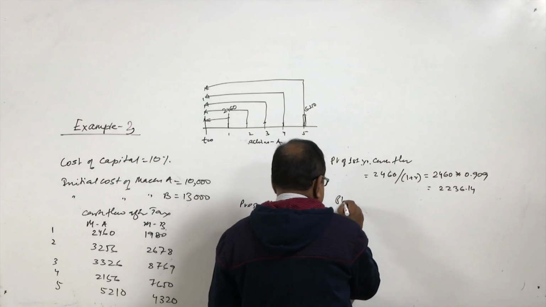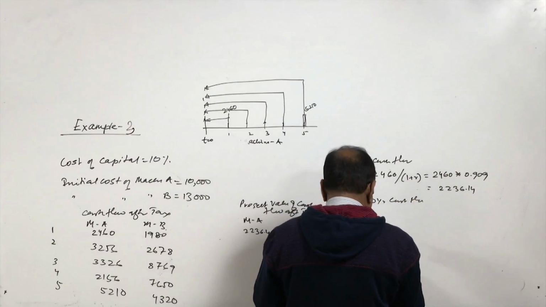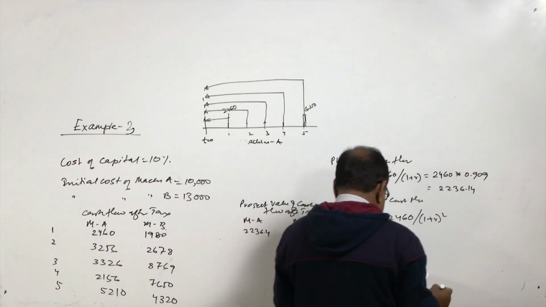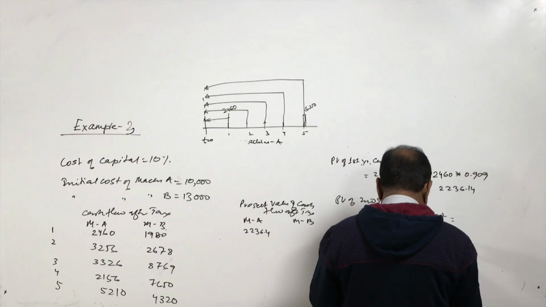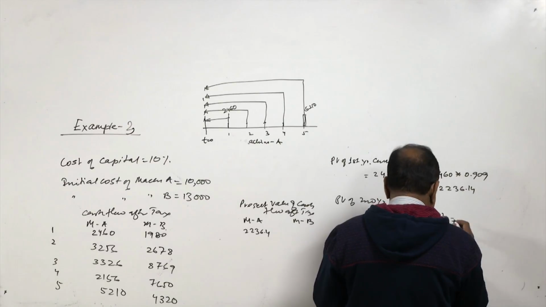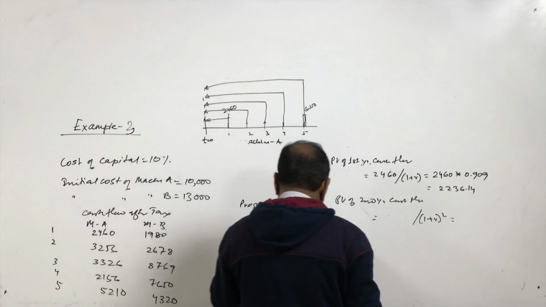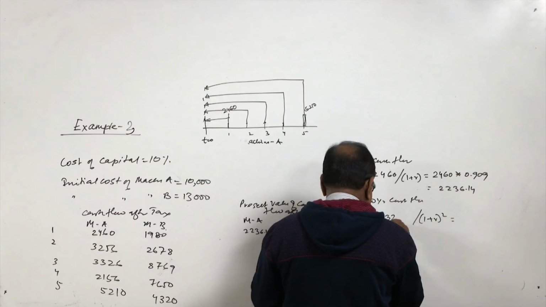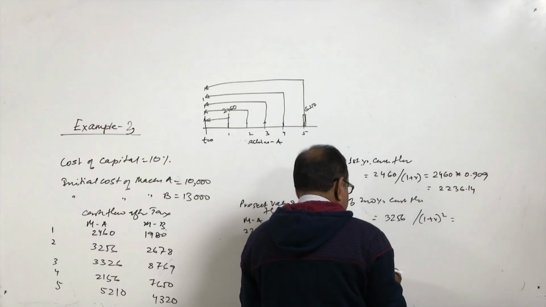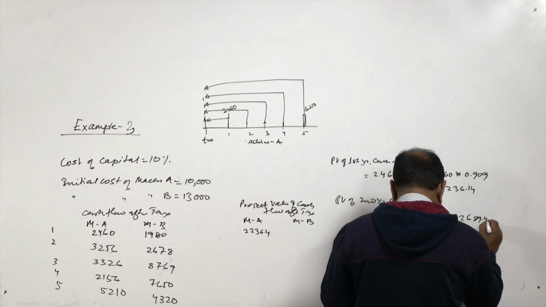Similarly, present value of second year cash flow is equal to 2460 divided by 1 plus R whole square, and for machine B, 3256 into this comes out to be 2689.46.